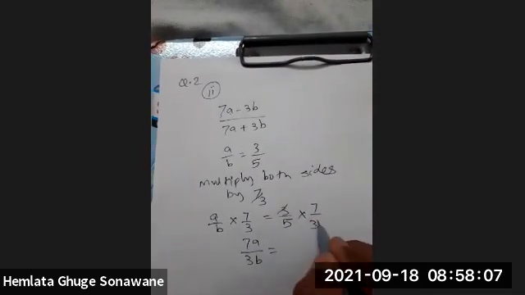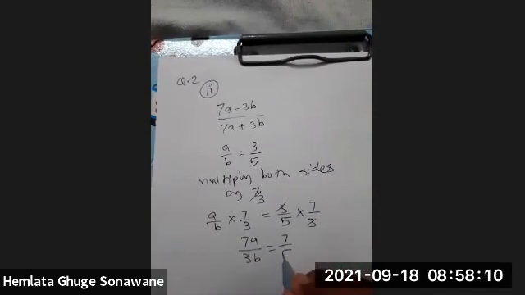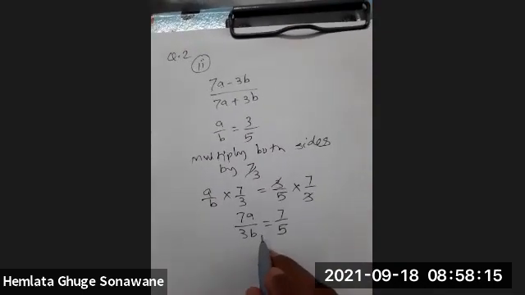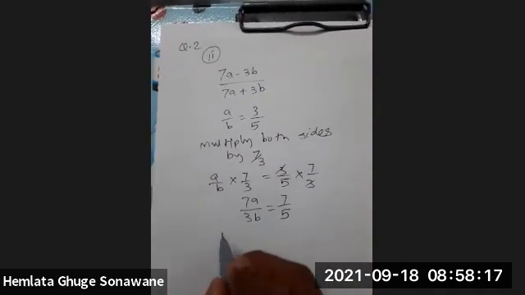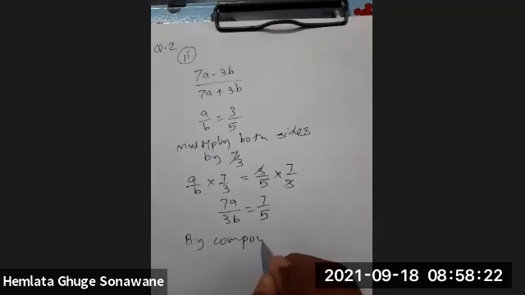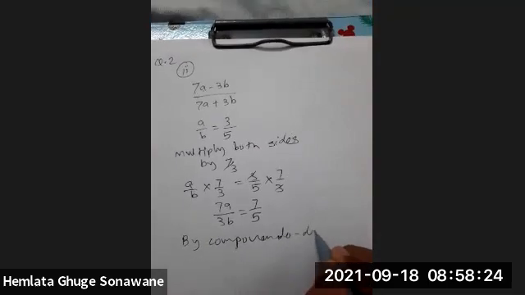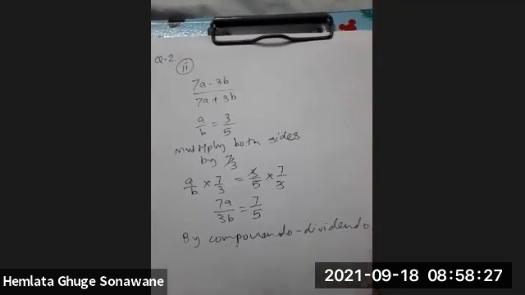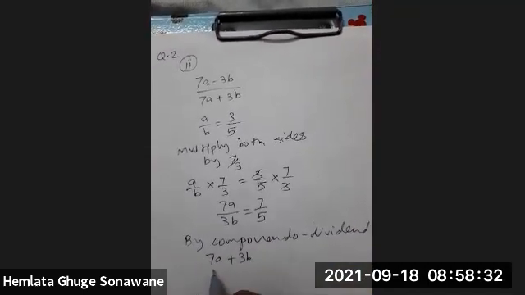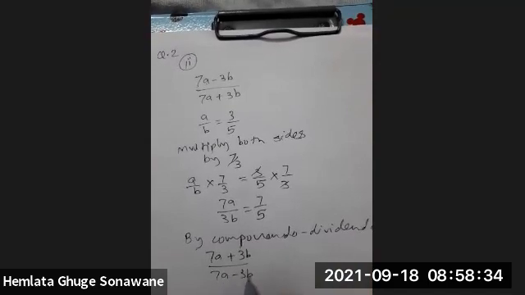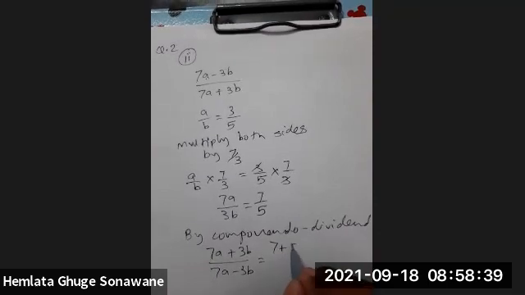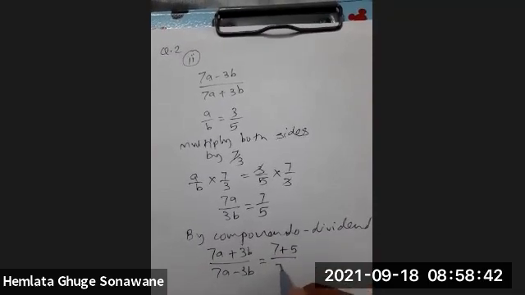This 3 gets cancelled. So here 7 upon 5. Okay, now we'll apply componendo and dividendo property. So by componendo and dividendo, it becomes (7a plus 3b) upon (7a minus 3b) is equal to (7 plus 5) upon (7 minus 5).